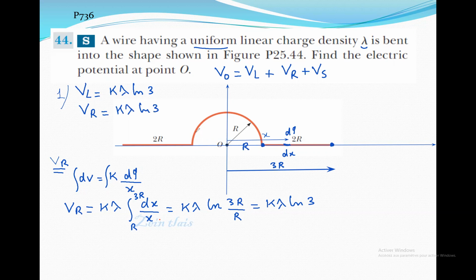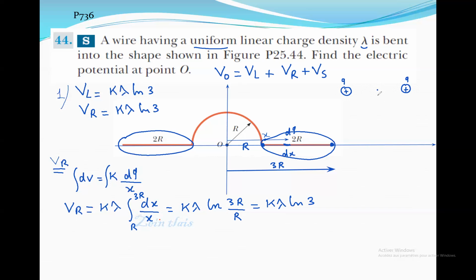It's normal, because we have the same quantity of charge at this position and at this position. They will create the same electric potential at the origin, as if you have, for example, a positive charge Q and the same positive charge Q.